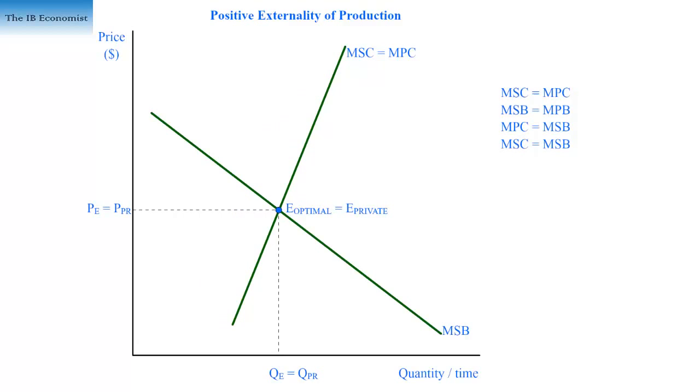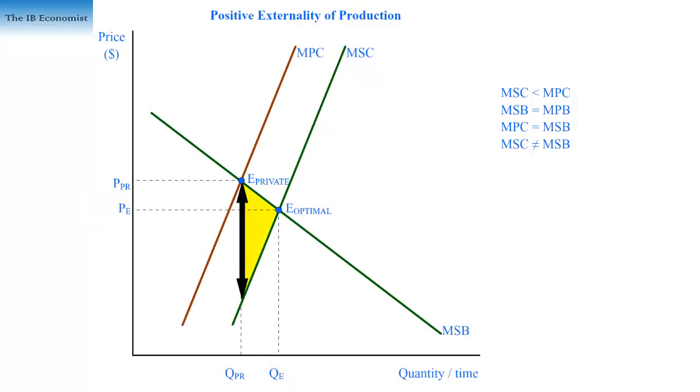Note that by shifting the marginal private cost to become equal to the marginal social cost, we have managed to move the private equilibrium to the optimal. Now the price of the optimal equilibrium equals the price of the private equilibrium, and the same is true for the quantity. Let's have a look one more time to see what we just did.